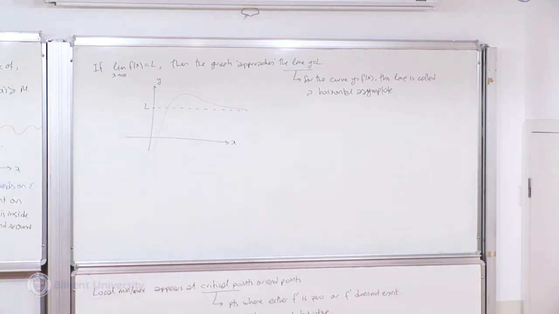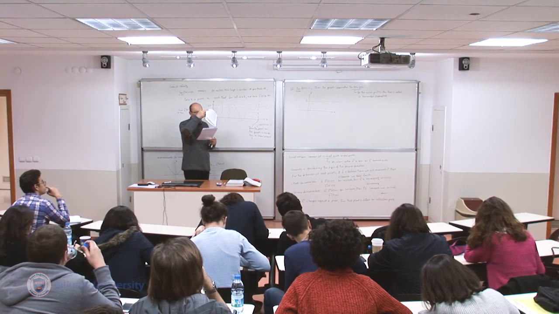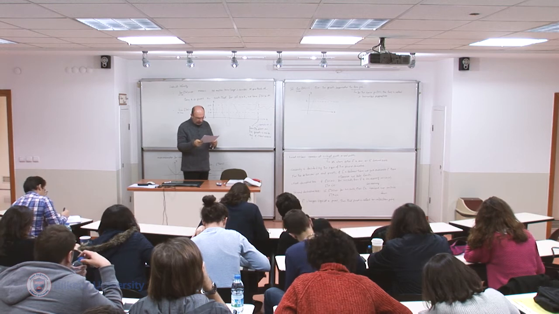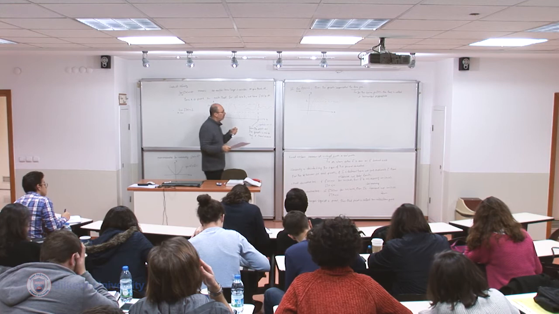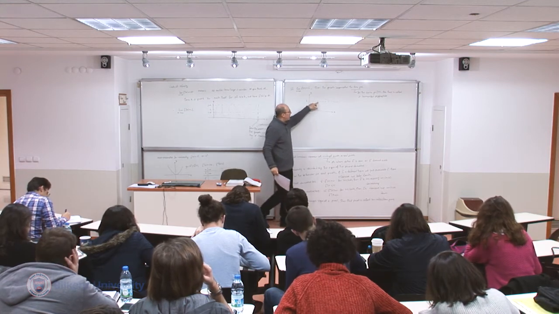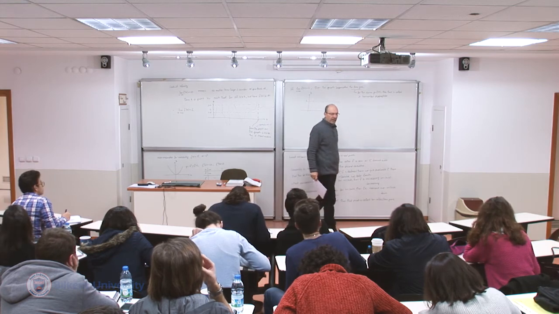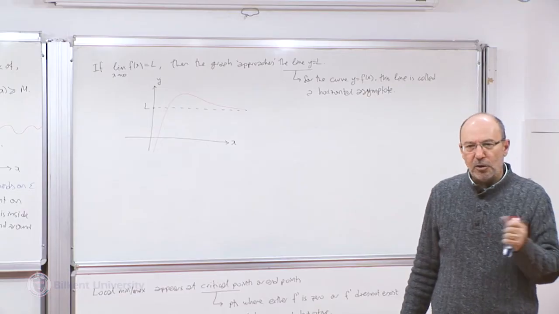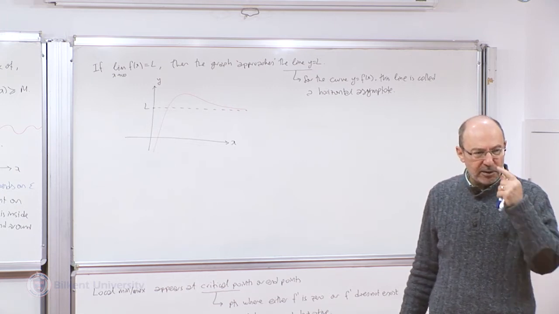Is it time to talk about slant asymptotes? I think we'll come to that later. So let us at this point try to calculate these horizontal asymptotes. For simple functions, we can guess what the limit will be, and then you play with algebraic equations to show that what you guessed is correct.